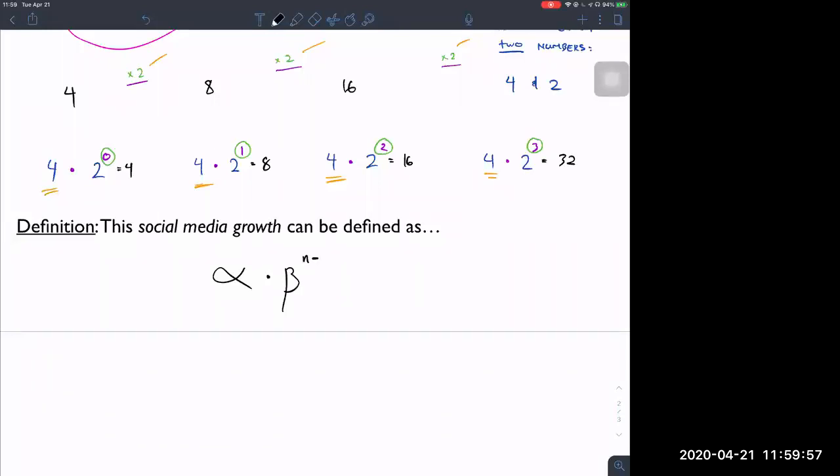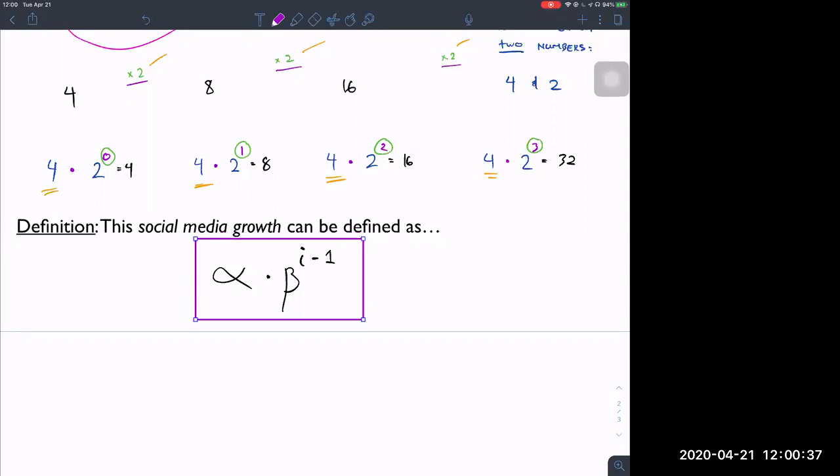To the I minus 1. All right, that's our equation, or expression, if you will. Expression is a better word.